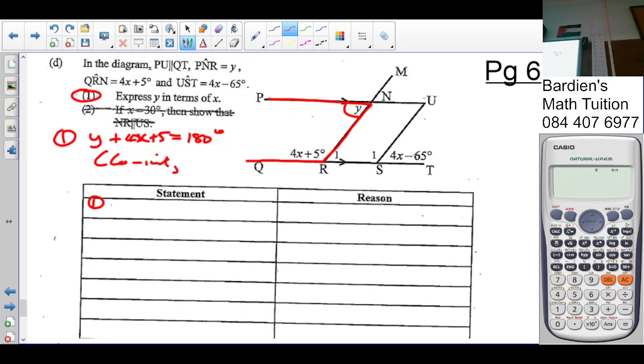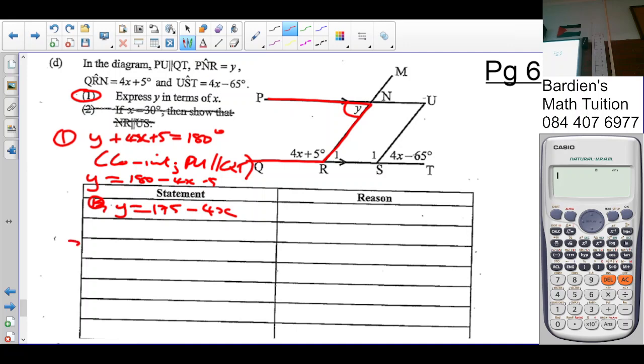Co-interior angles with PU being parallel to QT. So y is equal to 180 minus 4x minus 5. So y works out to be 175 minus 4x. Okay, so that is expressing y in terms of x. Y must be the subject. You must have y on one side and everything else with x on the other side.